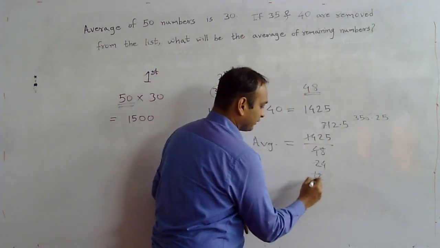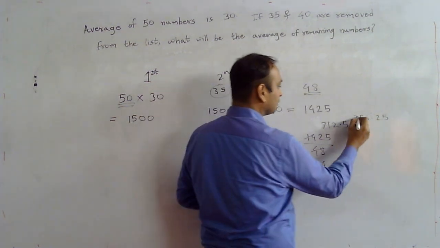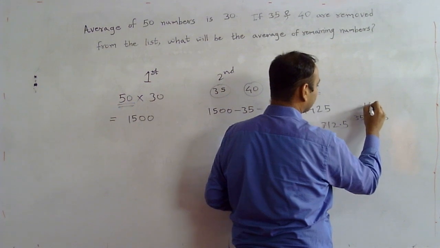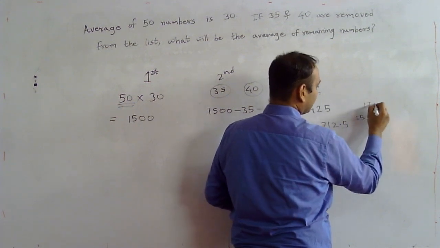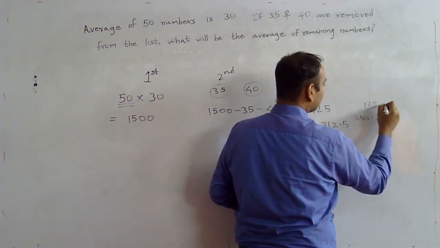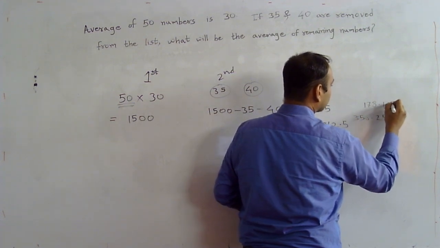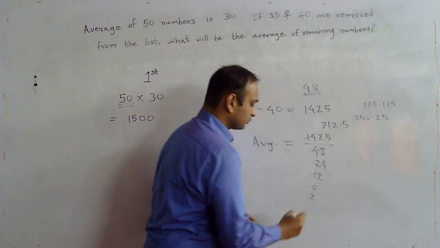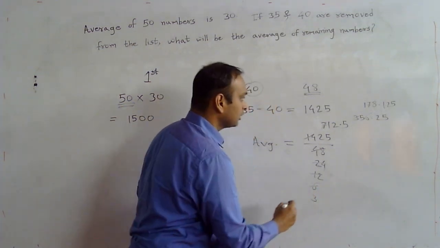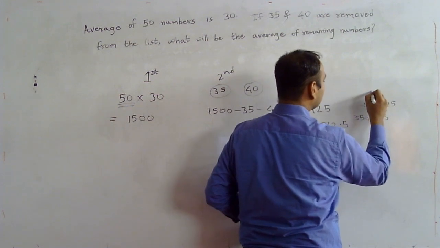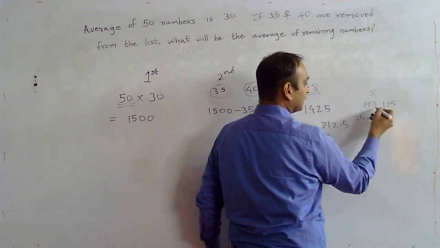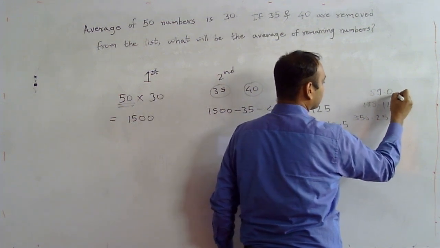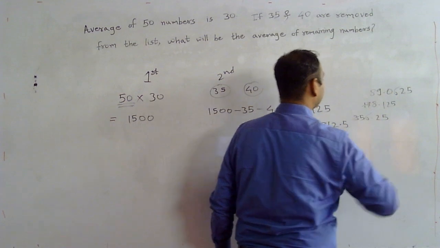Again let's divide it by 2, so 6 is remaining, 2 1s are 2, 1 is remaining, 2 7s are 14, 1 is remaining, 2 8s are 16. Again we can divide it by 2, so remaining will be 3, and if we divide it by 2, 2 8s are 16, then 1 is remaining, 2 9s, then 2 6s are 12 and 5.